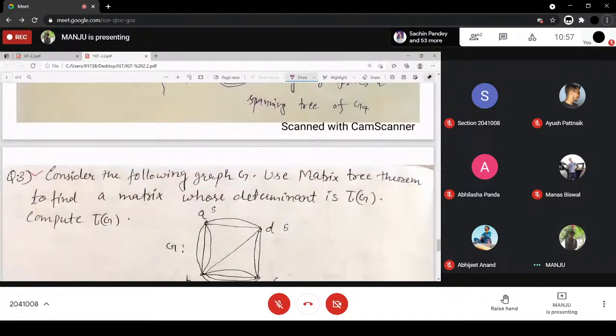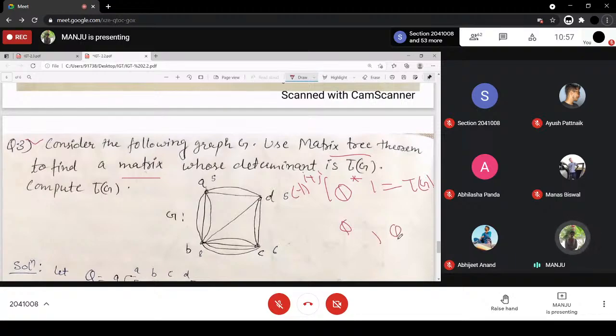Now, this question. Consider the following graph. Use the matrix tree theorem to find a matrix whose determinant is tau G. It means you need to find the Q star such that its determinant gives you only tau G. So, what about tau G? Tau G is given by -1 raised to power i plus j. First you will form the Q, right?